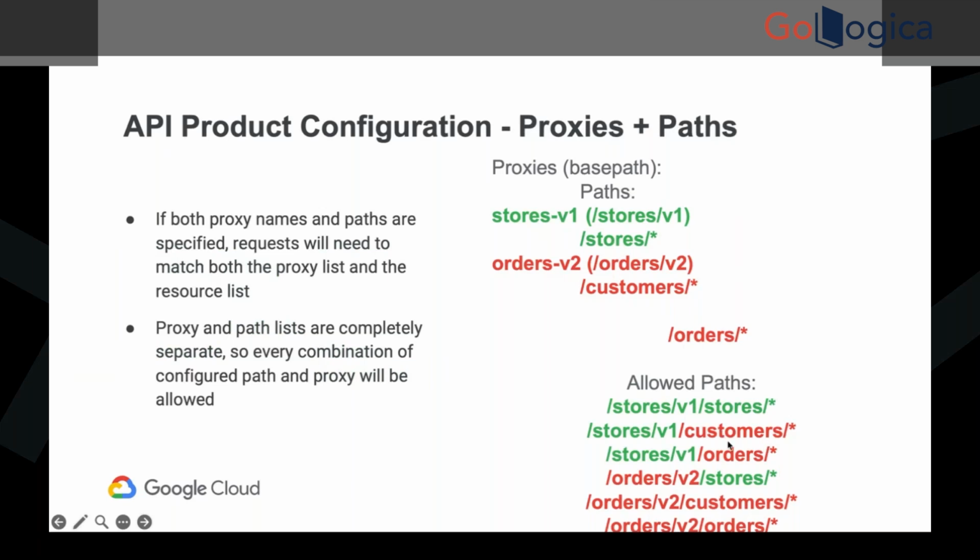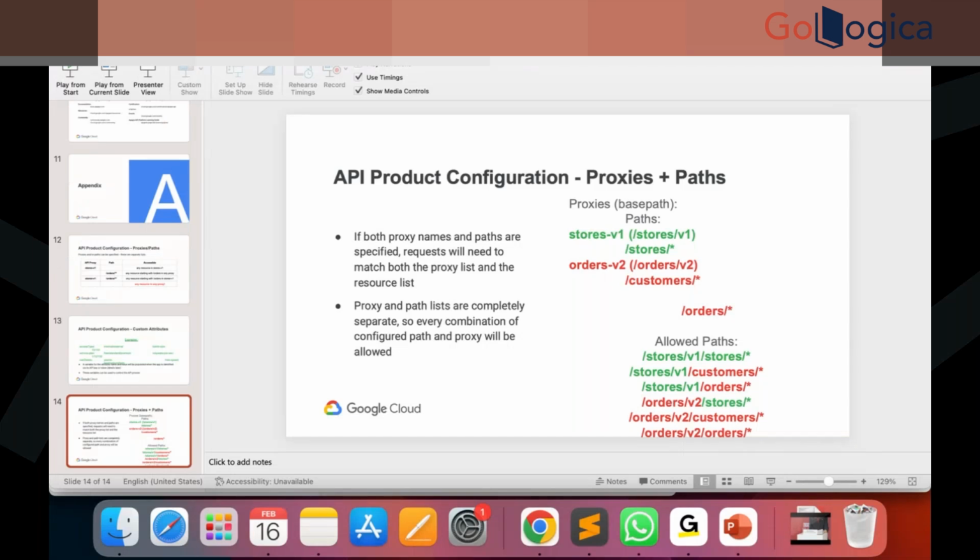For the orders proxy also, Apigee will allow all three paths. So for each proxy, Apigee will allow all three path combinations. Then within the proxy, if it is the wrong path, you will have the error handling code which will handle that. So that's on the product and the API keys and all.